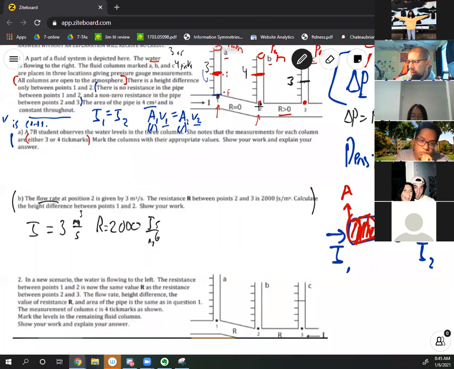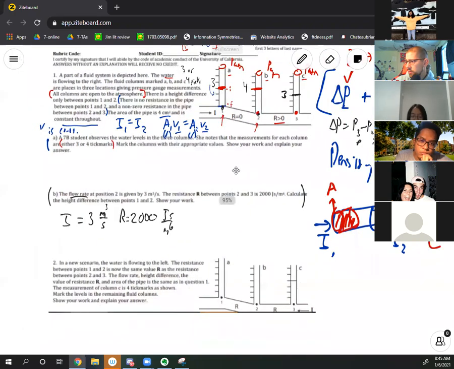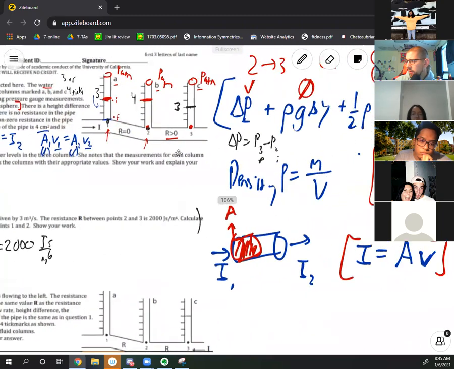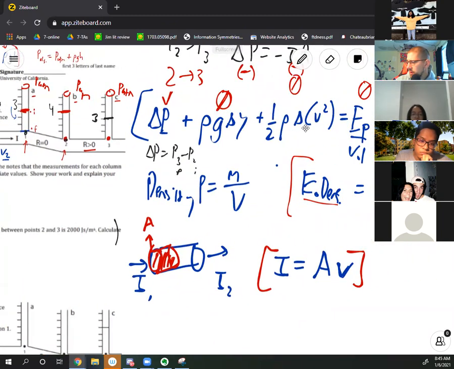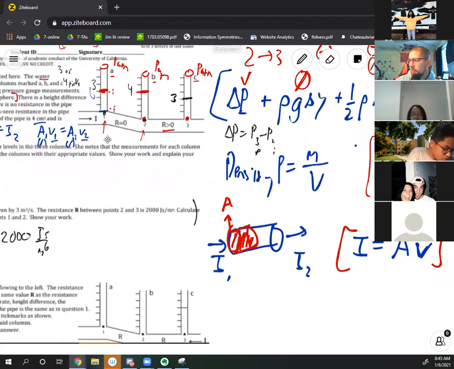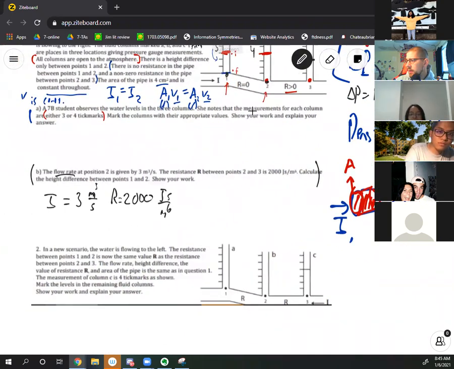So delta y between points 1 and 2, if you recall from our previous argument using the Bernoulli equation, these three final terms, the kinetic term, the pump term, and the resistance term between points 1 and 2 are 0. So the change in pressure from 1 to 2 is going to be negative rho g delta y, where delta y is going to be a negative number. So overall, this thing is going to be positive.